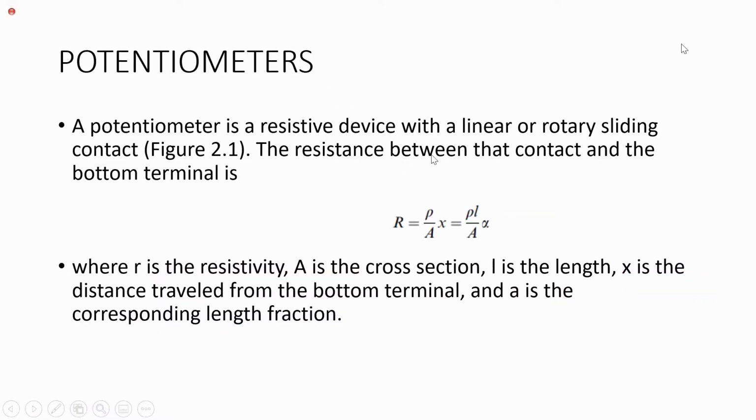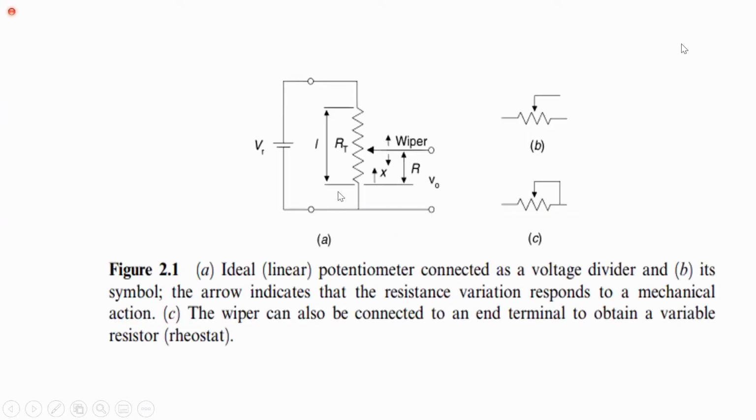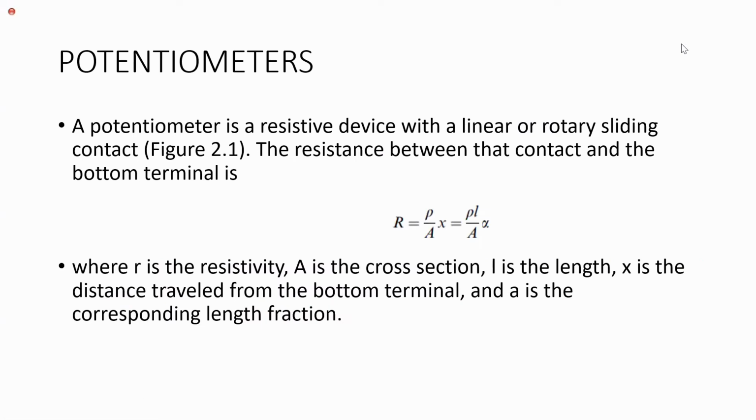The resistance between that contact and the bottom terminal is R equals rho by A into X, and we can elaborate the expression as rho L by A, where rho is the resistivity, A is the cross section, L is the length, and X is the distance traveled from the bottom terminal, and A is the corresponding length fraction.